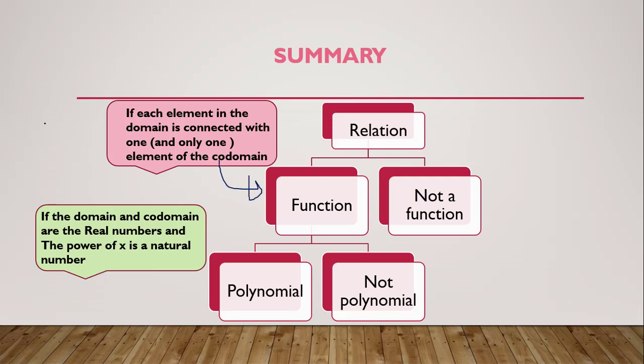The function also can be a polynomial function or not. It can be a polynomial function if the domain and the codomain are real numbers and the power of x is a natural number. So this is the relation, the function, and the polynomial function.